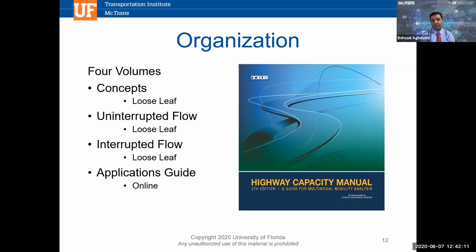It's only in PDF format, and it's housed on the HCMvolume4.org website, and it's free for everyone to access. You just need to make sure that you have a user registered on HCMvolume4.org. But again, that's free, and then you can join HCM Volume 4.